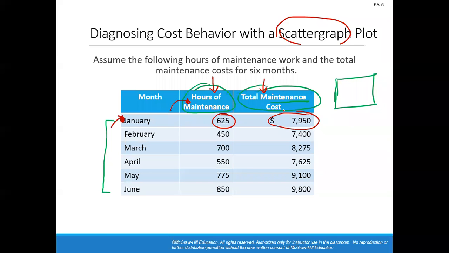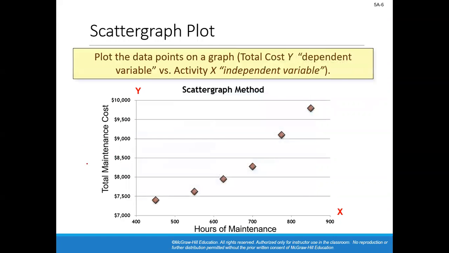So let's find out the specific dot for this relation. You see, on the horizontal axis, we are representing the hours of maintenance, which is our independent variable or the run variable. And on the vertical axis, we are representing the total maintenance cost. Remember, it is in dollars and it is in hours.